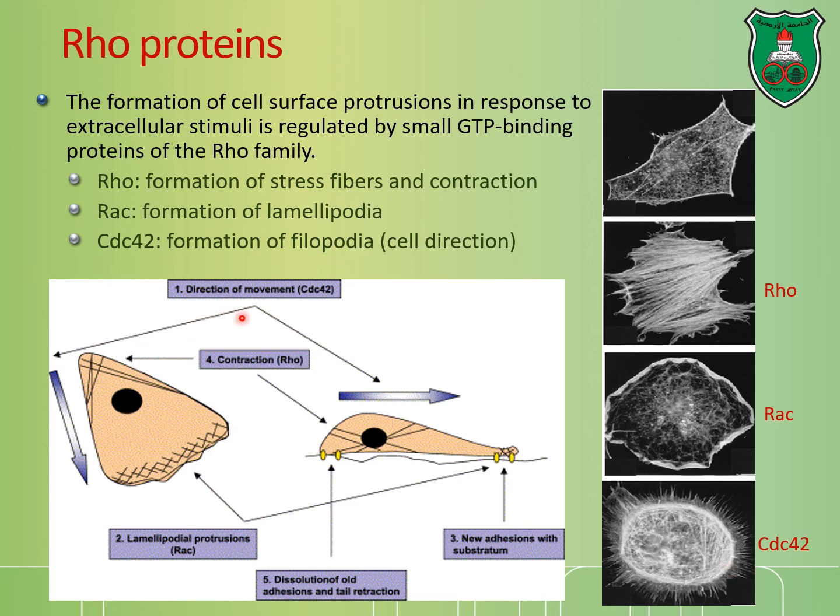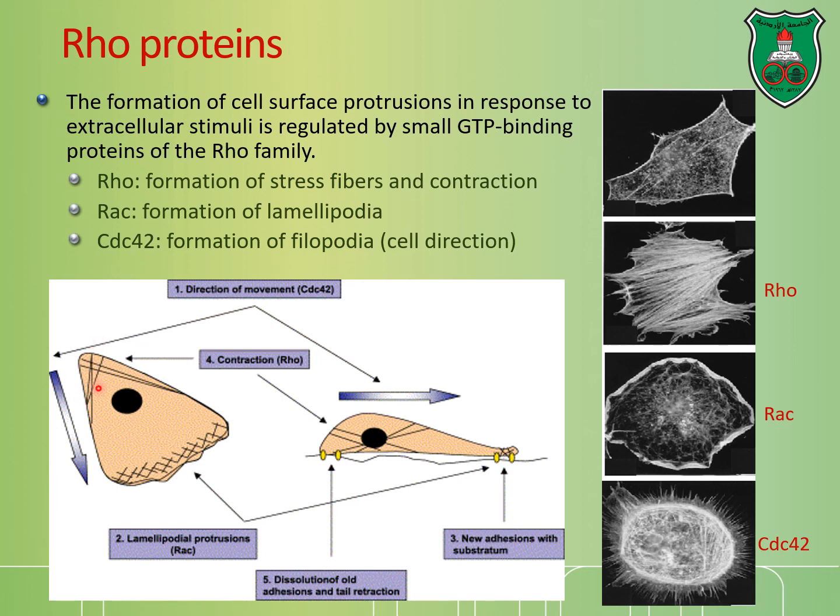So these are basically the steps. You have direction of movement. For example, cells are moving forward or in that direction. We have a top view and a side view of cells. You can see cells form a lamellipodia, signaling that this is the leading edge, this is the head of the cell, this is the direction of movement, and you have the formation of stress fibers on the other end.